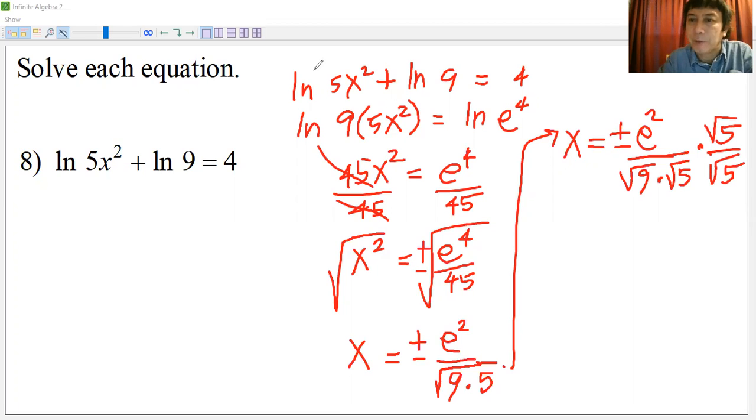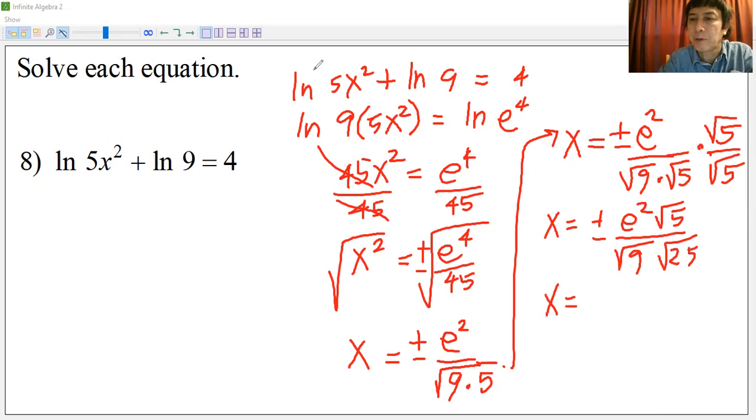So that the next line, we will have plus or minus e squared, square root of 5. This will now be square root of 9 and square root of 25. And this will give us plus or minus e squared, square root of 5.